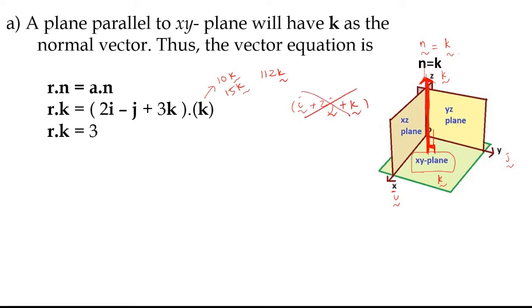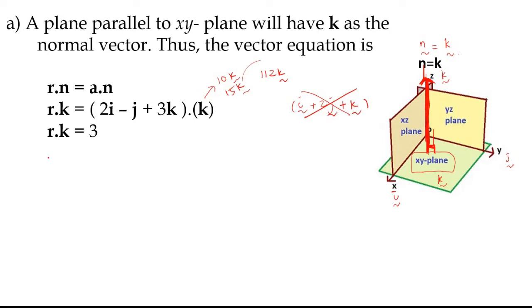Sebab sekarang kita punya normal vector berada di Z axis sahaja. Okay. X dengan Y tak ada nilai. So, kita boleh ambil dekat K punya nilai sahaja. So, dekat sini saya ambil 1. That's why saya letak K. Sebab yang paling senang lah 1. Okay. So, saya dapatlah R.K equal to 3.